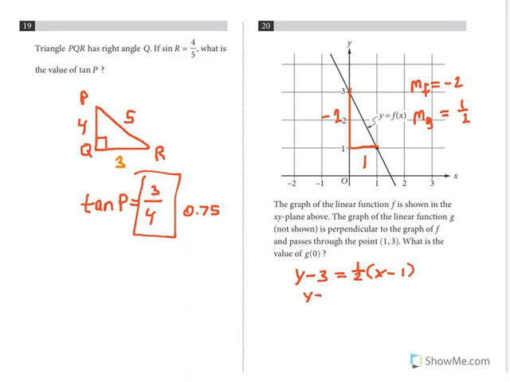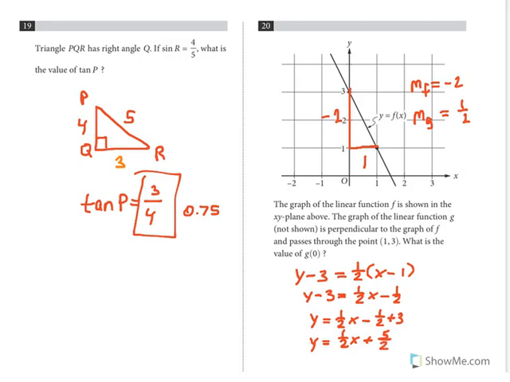So y minus 3 equals 1/2 x minus 1/2. Adding 3 to both sides, we get y equals 1/2 x minus 1/2 plus 3. 3 as a fraction with 2 as the denominator is 6/2. So we have y equals 1/2 x plus 5/2.